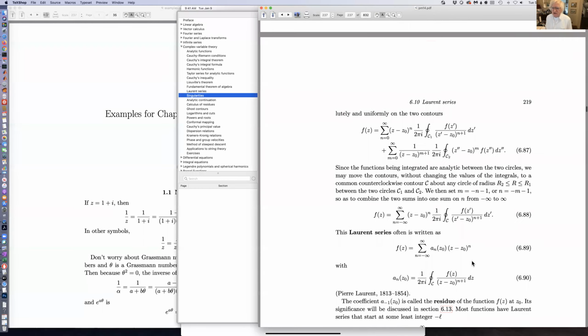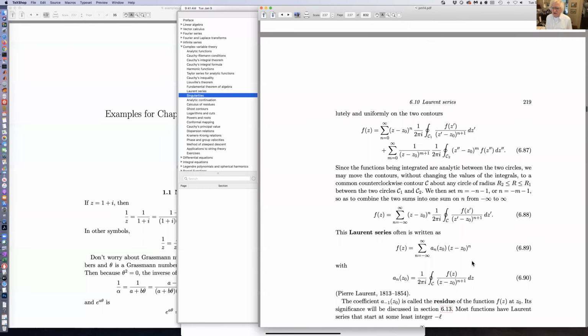So suppose we've got a function that's analytic in a certain simply connected region R, and we've got a closed contour that lies inside the simply connected region. f of z is analytic in the region, g is meromorphic.